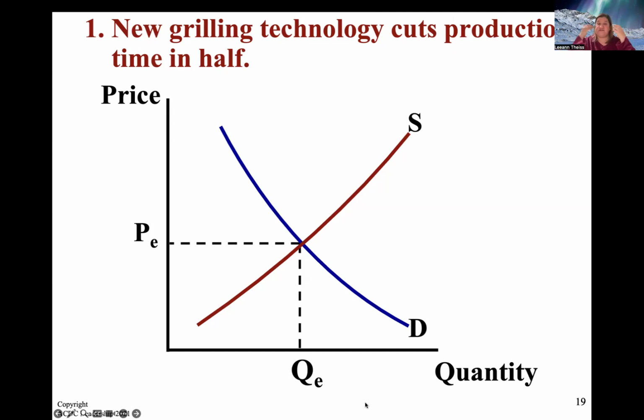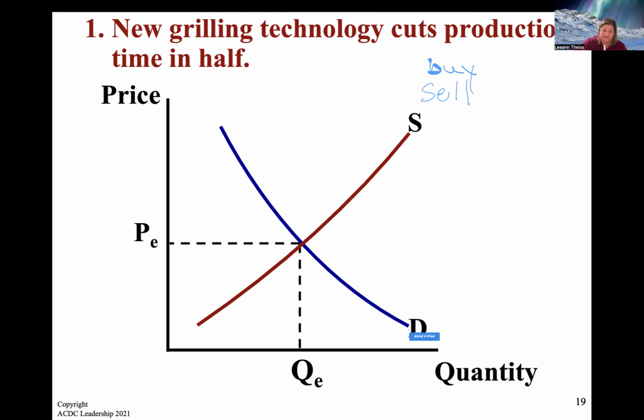So we're going to have to decide, is this scenario going to affect supplier demand? Ask yourself, is it making people more willing or less willing to buy it, or is it making producers more willing or less willing to sell it? So first of all, is this going to affect buying or selling?